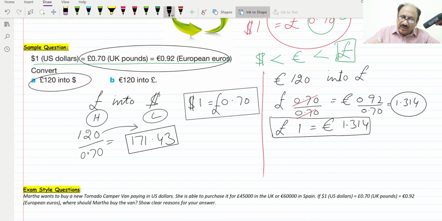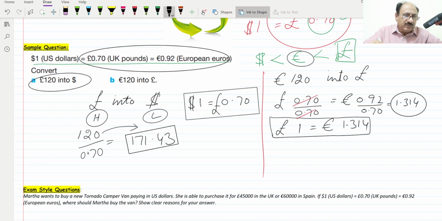Now we got the conversion ratio, this one. This we can utilize, and now we have to check whether we move from lighter to heavier or heavier to lighter currency. You can see this is euro to pound, which is from lighter to heavier, so we should be getting a lesser amount than whatever we are having.